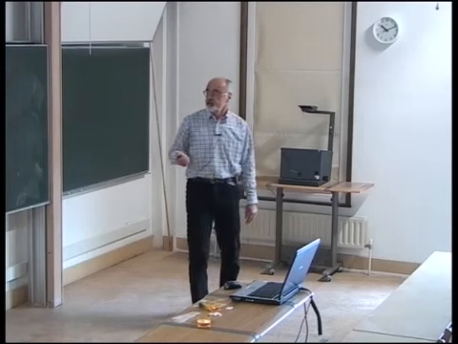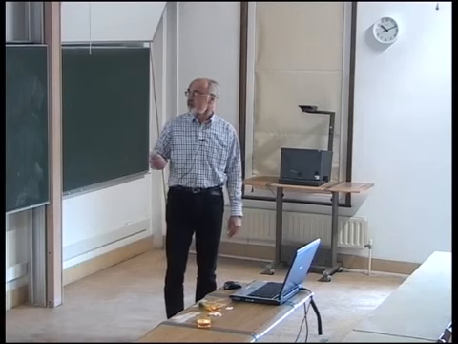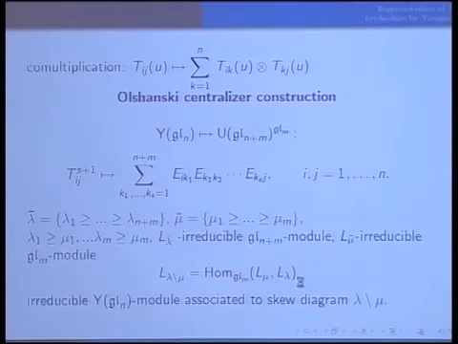And once this map is given, it automatically gives a construction of a family of irreducible representations of the Yangian. Namely, we start from an irreducible representation of gl_{N+M} and take the space of multiplicities with respect to the embedded gl_M.